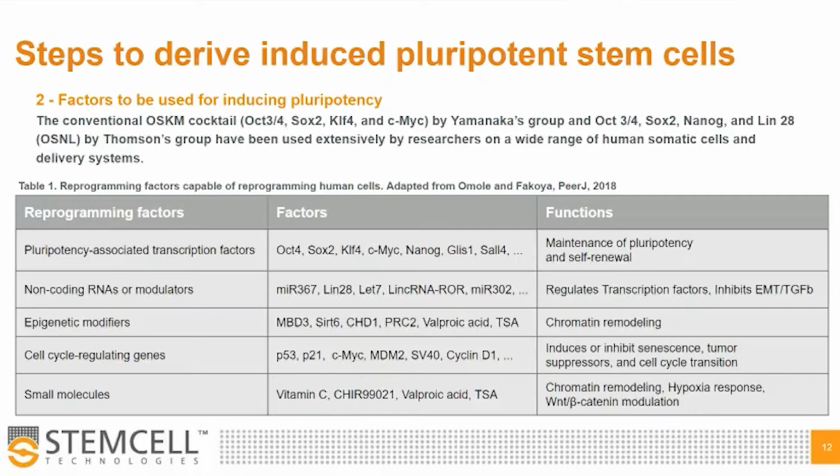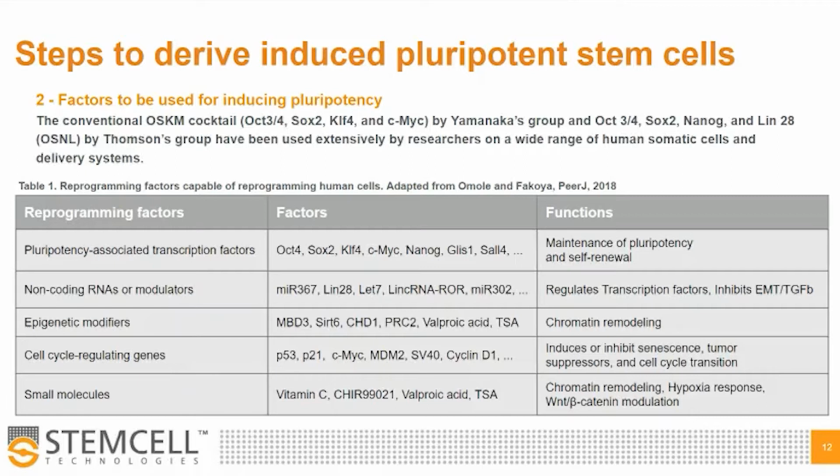The OSKM and OSNL reprogramming cocktails have worked well on a wide range of delivery systems, albeit at low efficiency. Consequently, researchers have sought to discover new molecules that will enhance the reprogramming technique and improve its efficiency. On this table, we summarize some of them. Many of the transcription factors used for reprogramming somatic cells are part of a core pluripotency circuitry.